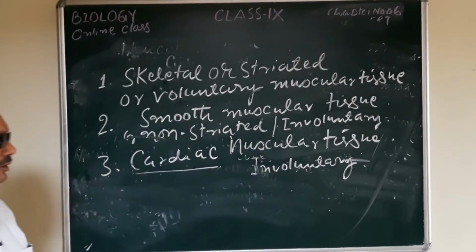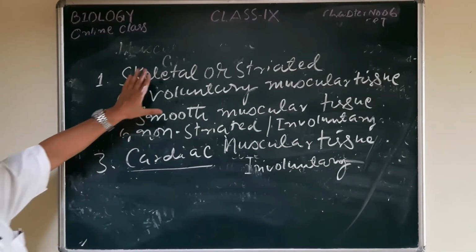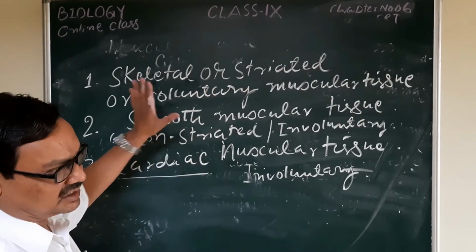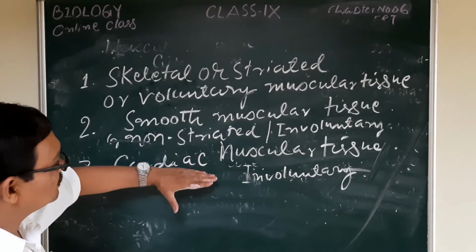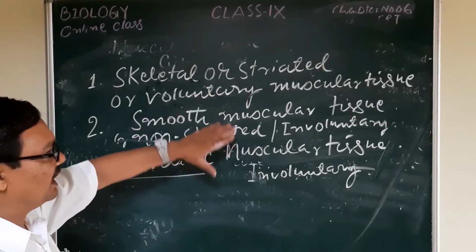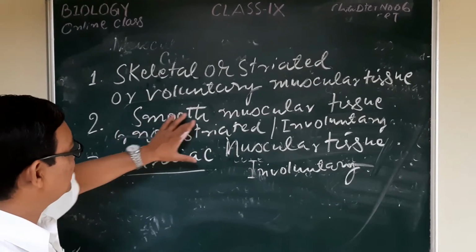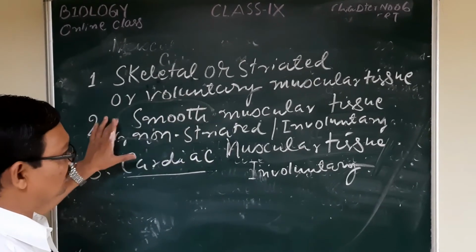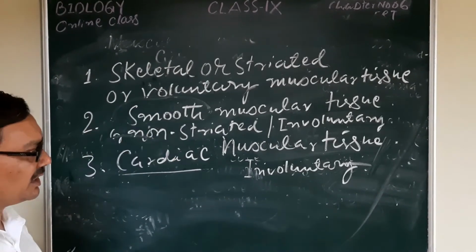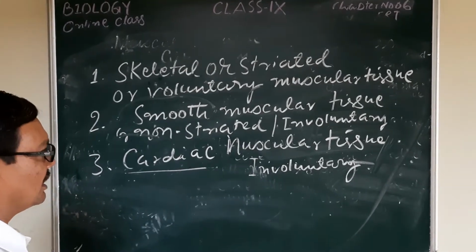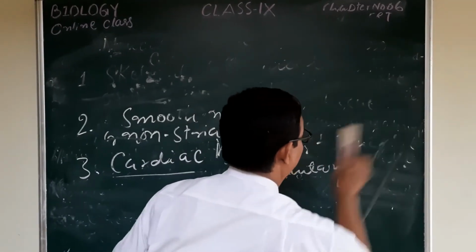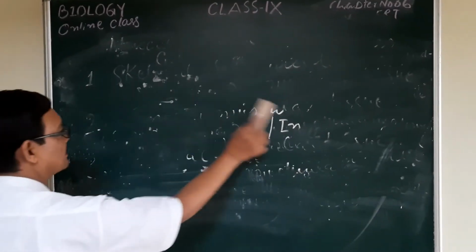Within the cells of the skeletal tissue, there are light and dark bands, and that is why it is striated. The cardiac tissue also has cross striations with branches, and the smooth tissue has no striations. We will look at the structure of all the types separately, then we can easily understand how they look. So these are the three different types of muscular tissue.